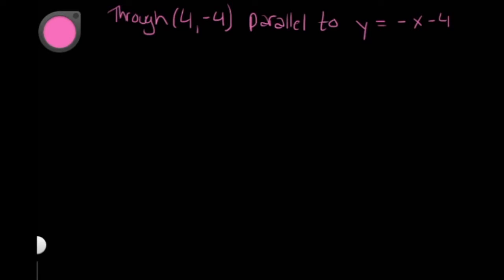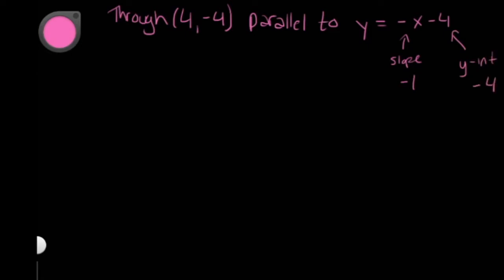So in the line that it's parallel to, the slope is negative 1, because it says negative x, slope is negative 1, and the y-intercept is negative 4.